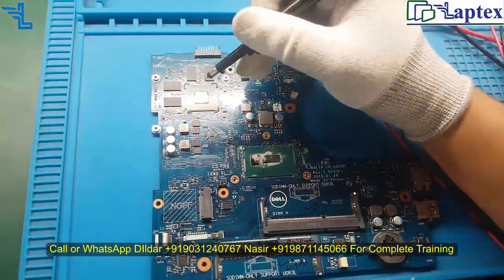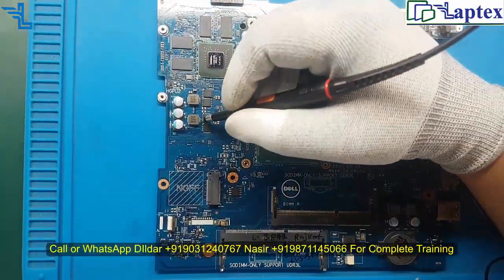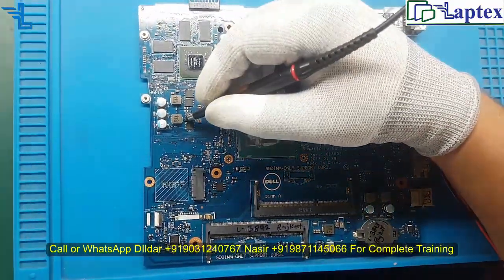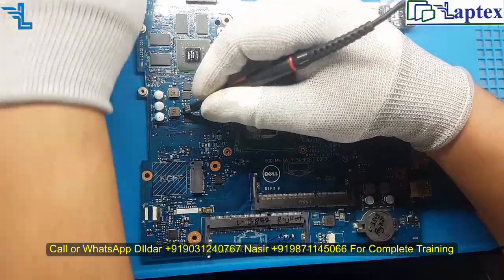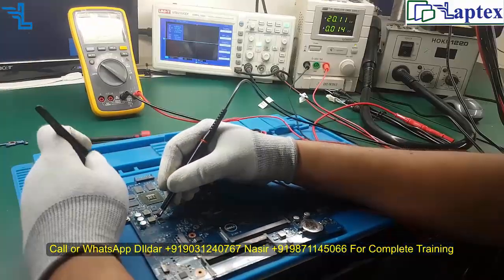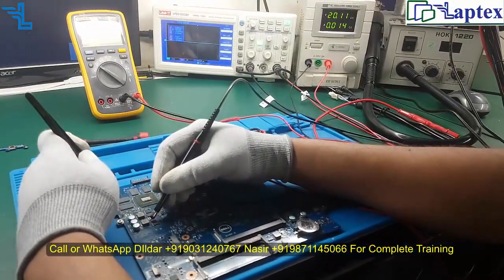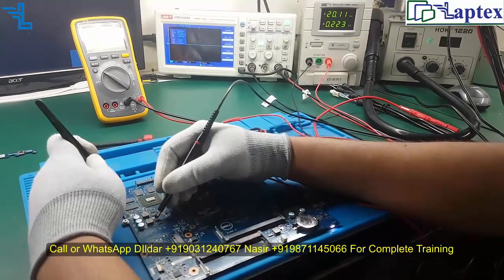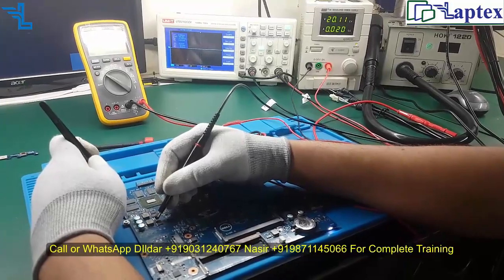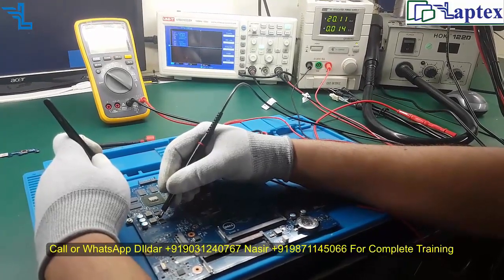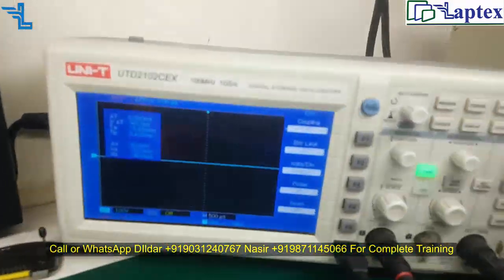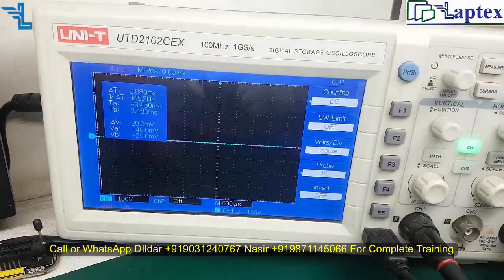So let's move forward. We have left one coil, that is the GPU coil. As of now we couldn't check it. Now let's check the GPU coil, and I am turning it on. You can see that when it is getting on, there is no fluctuation, there are no voltages at all.